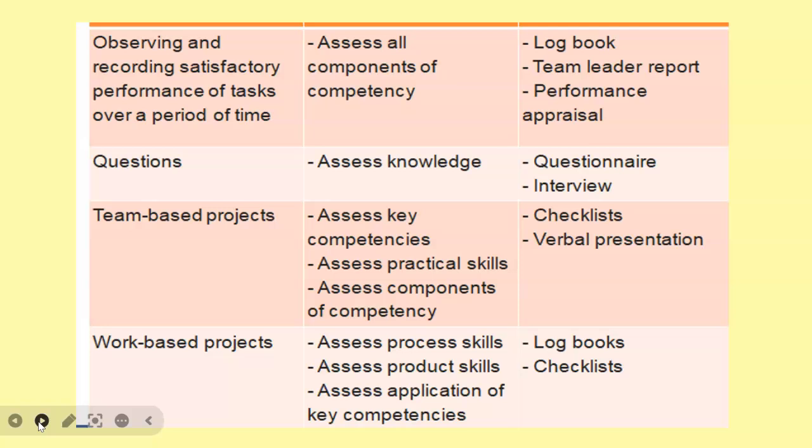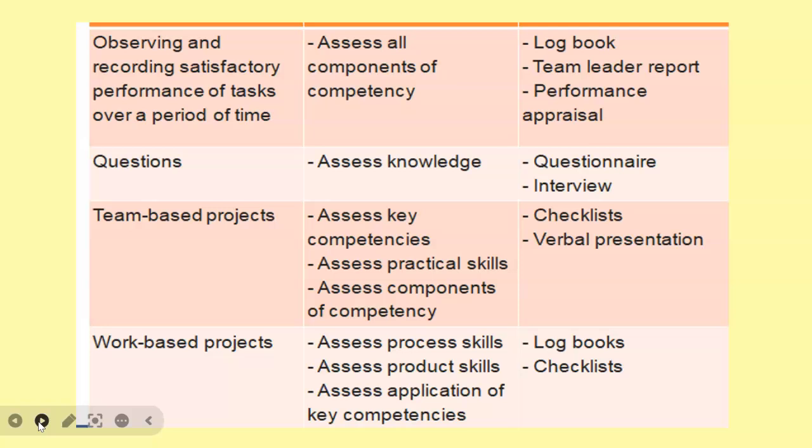Workplace assessment: you can do observation and recording of satisfactory performance of tasks over a period of time. This is meant to assess components of competency. You can use the logbook, team leader report, or performance appraisal. Then we have questioning to assess knowledge, and you can use a questionnaire or interview.